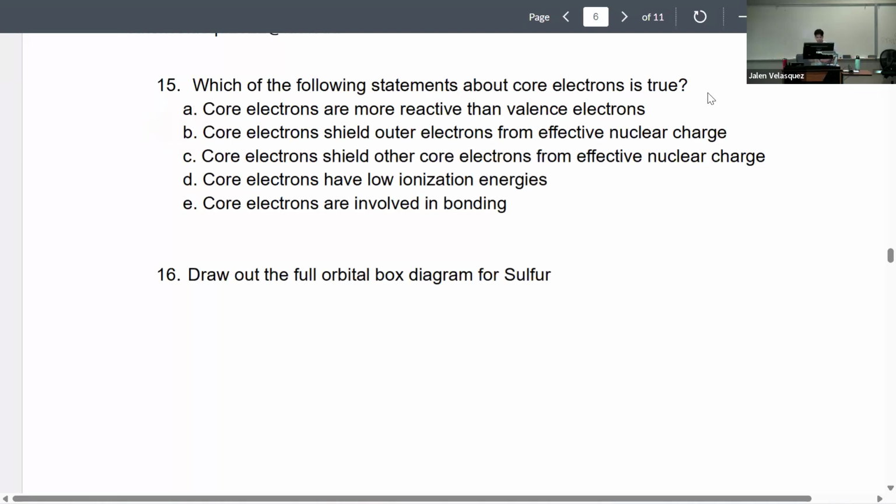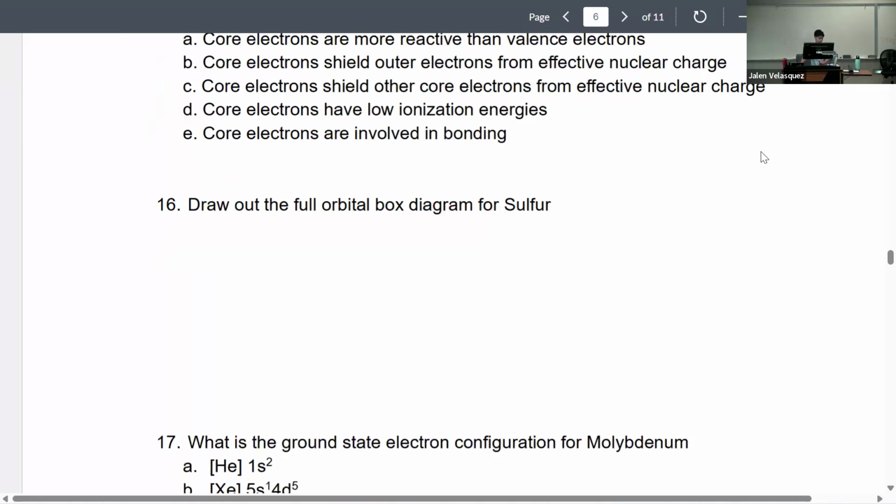Number 16 says to draw the full orbital box diagram for sulfur. So you look at the periodic table for sulfur. You have to figure out how many electrons it has. Then you look at where it terminates in the periodic table. You'll see it's going to end in 3p, because it's in the third period and in the p block.